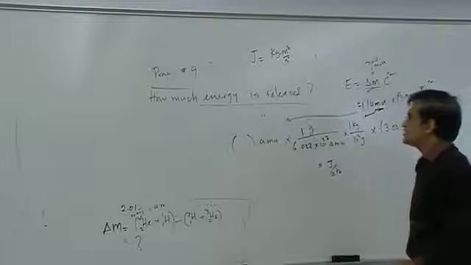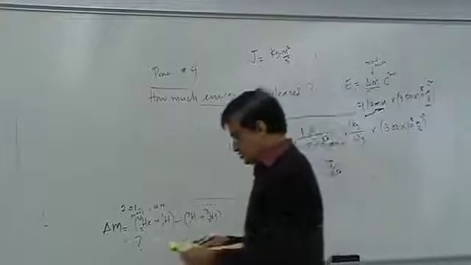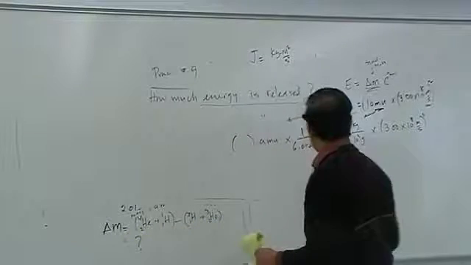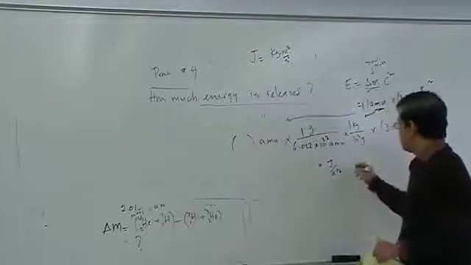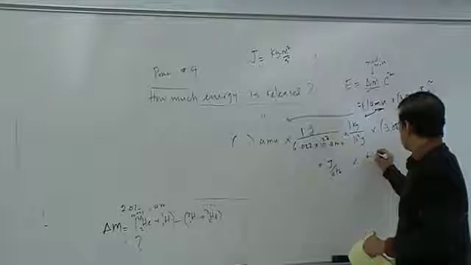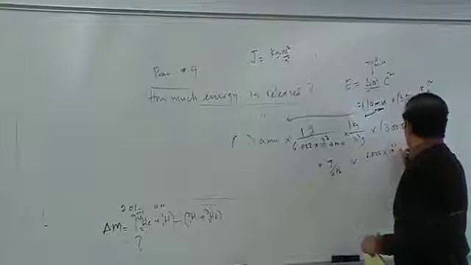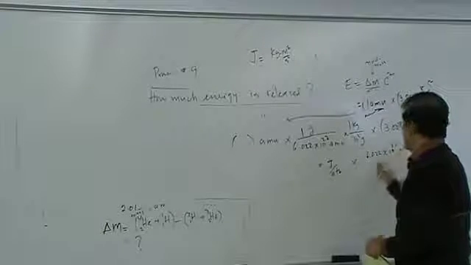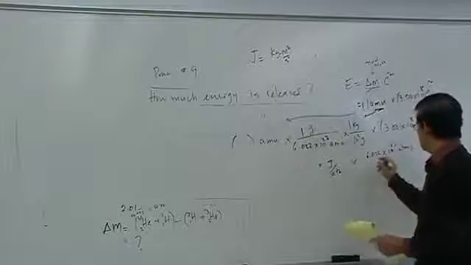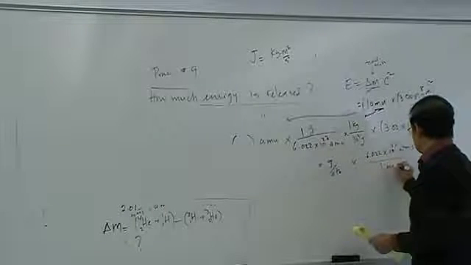Because if you look at the reaction, it's 1 atom of hydrogen reacting with helium, giving you helium-4 and hydrogen-1. So if you want to get it from per atom to per mole, it would be 6.022 times 10 to the power 23 atoms, or you can say nuclei, per mole.